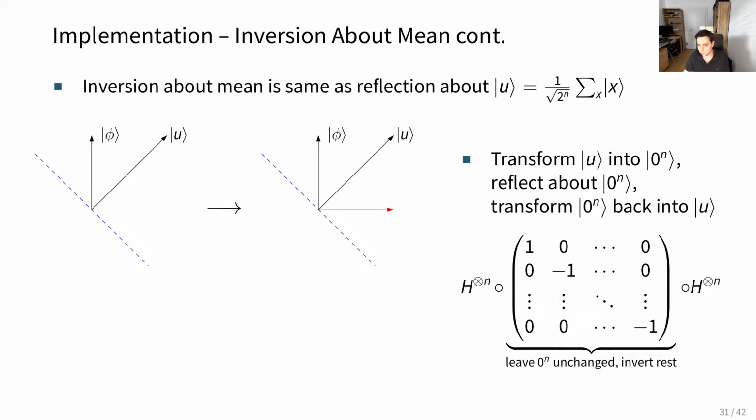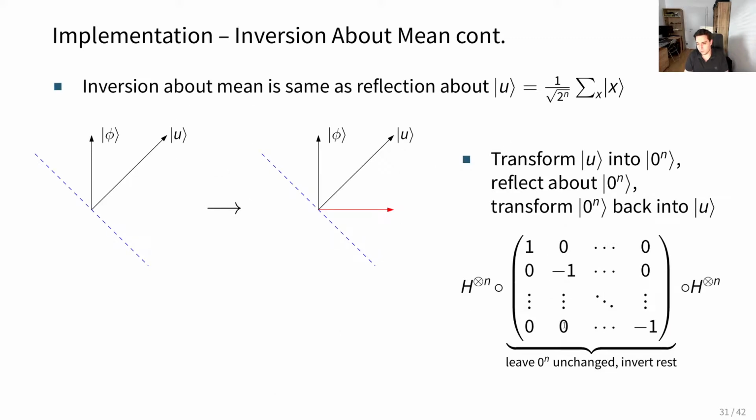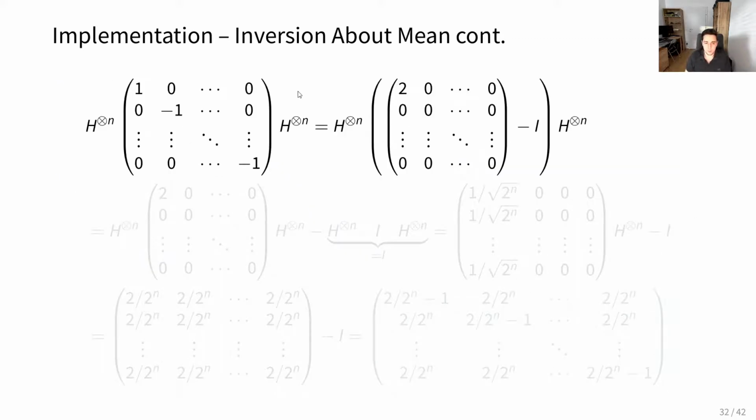And why does this work? Well, we need some algebra for that. So this is the function we have, exactly the one we have here. Actually, this is the same as this matrix here, where we only have a 2 here, so plus 1 on the diagonal, minus the identity matrix.